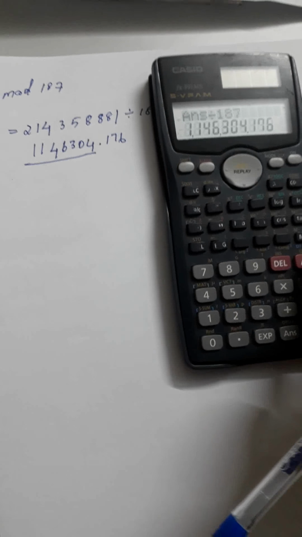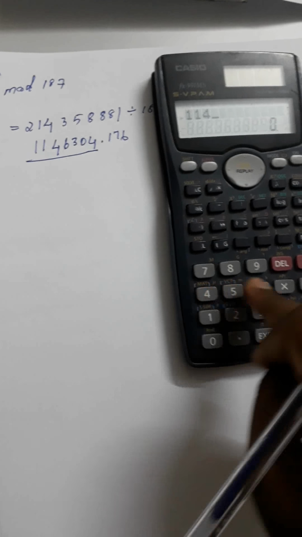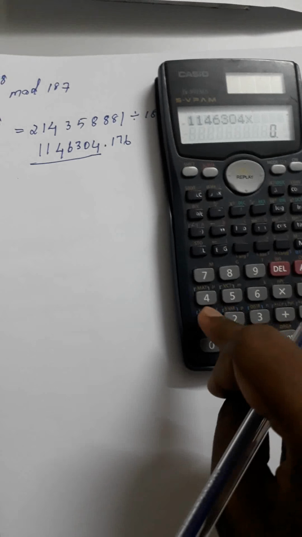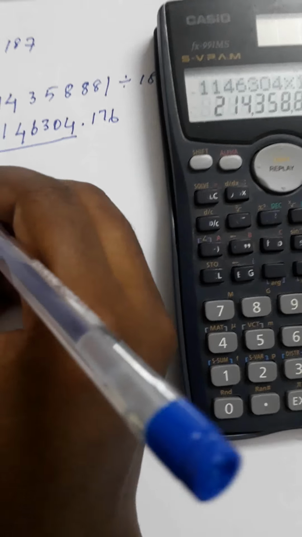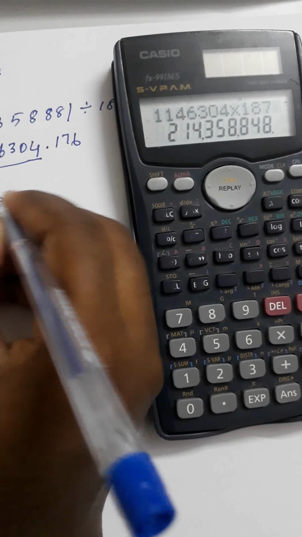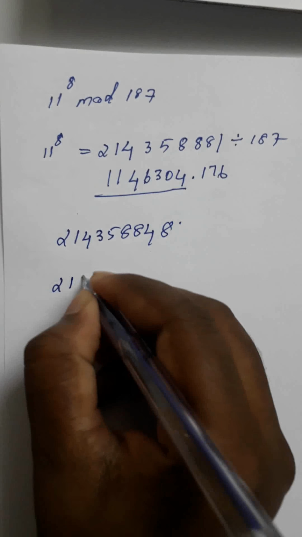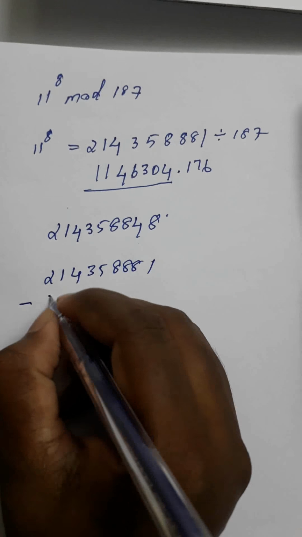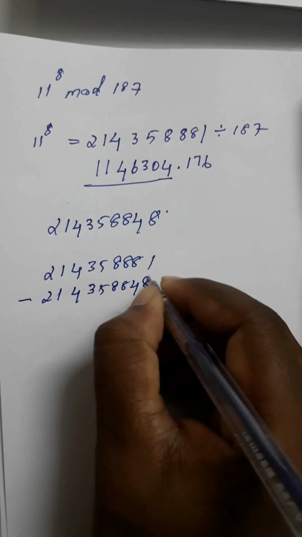Now we have 1146304 into 187. We have the value of 214358848. We already have a value of 214358881 minus 214358848.